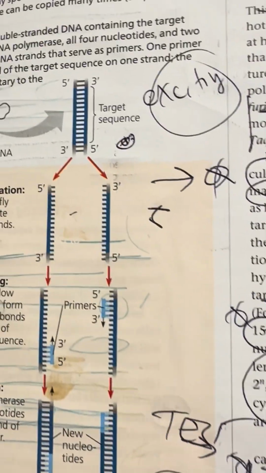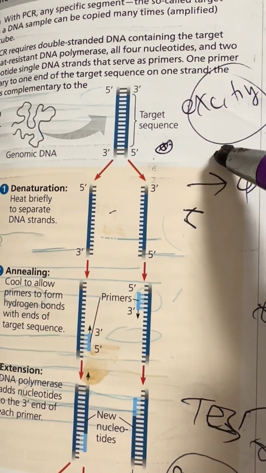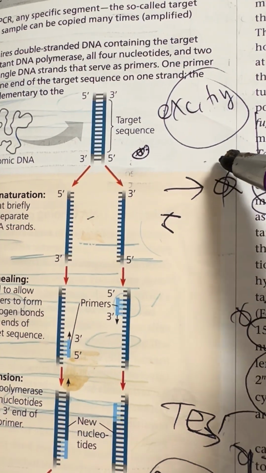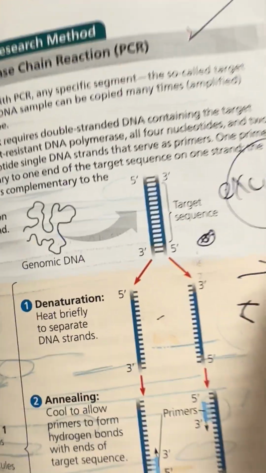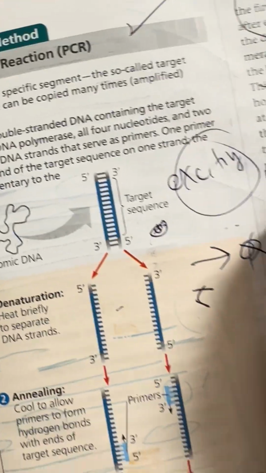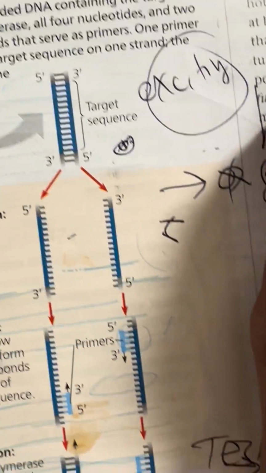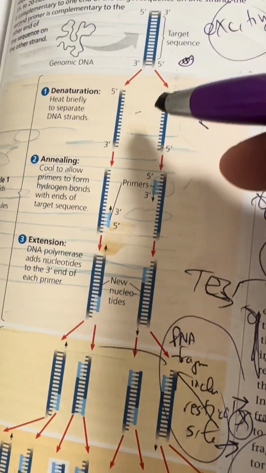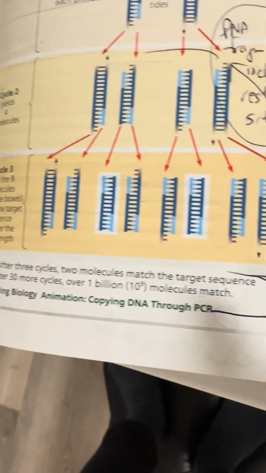Or all you have is a little blood from an investigation site, and you want to confirm somebody was there. Then you can take that little piece and replicate it.